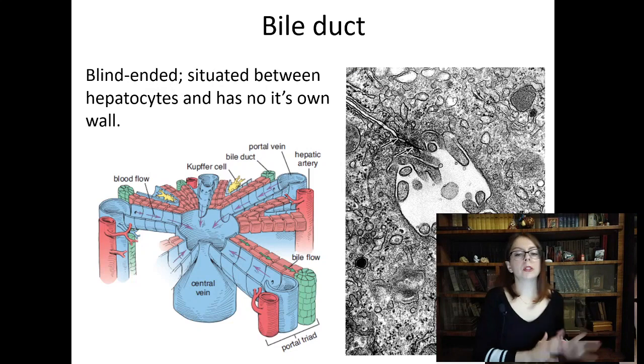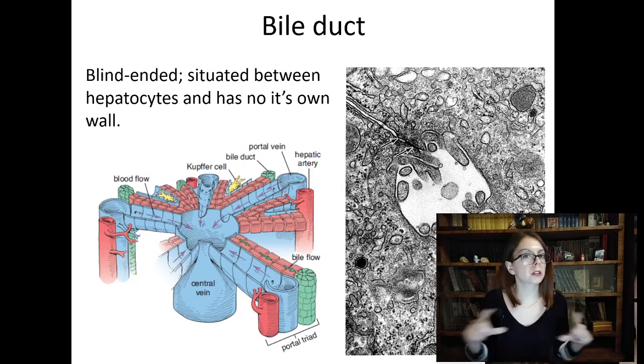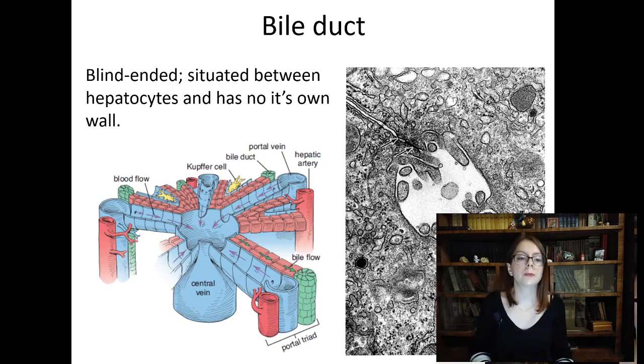Okay, after we have discussed morphofunctional units of the liver, its sinusoids with associated cellular populations, we have to discuss bile ducts, another system of channels present inside liver lobules.